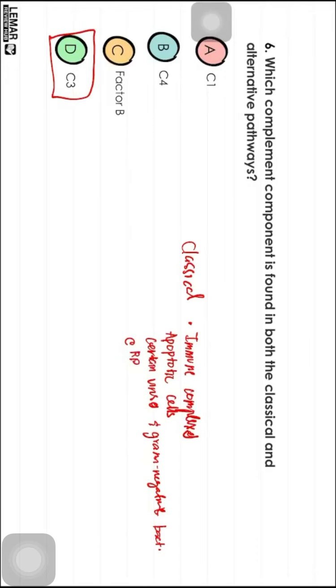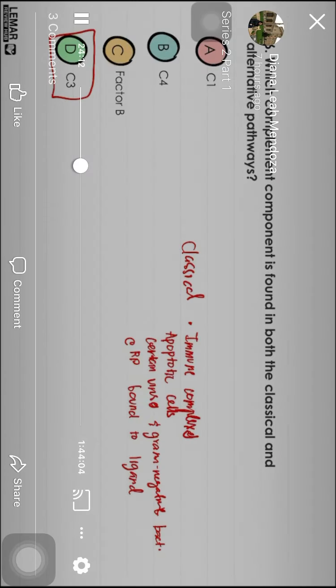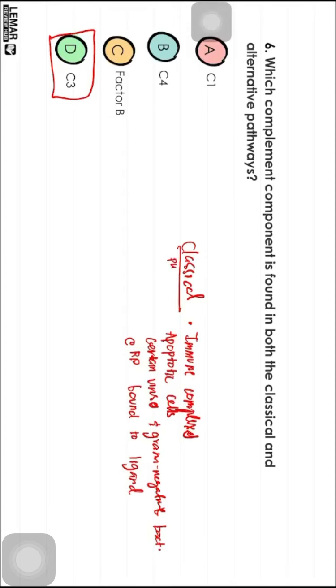So CRP bound to a ligand is an initiator of the classical pathway.